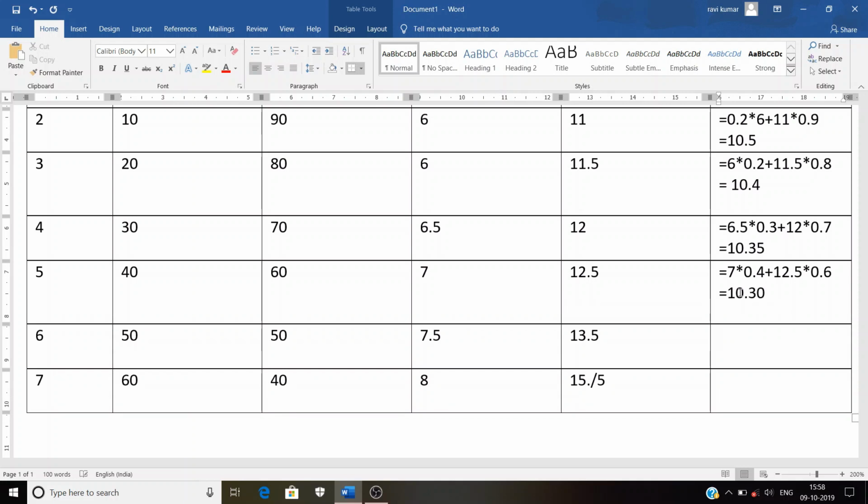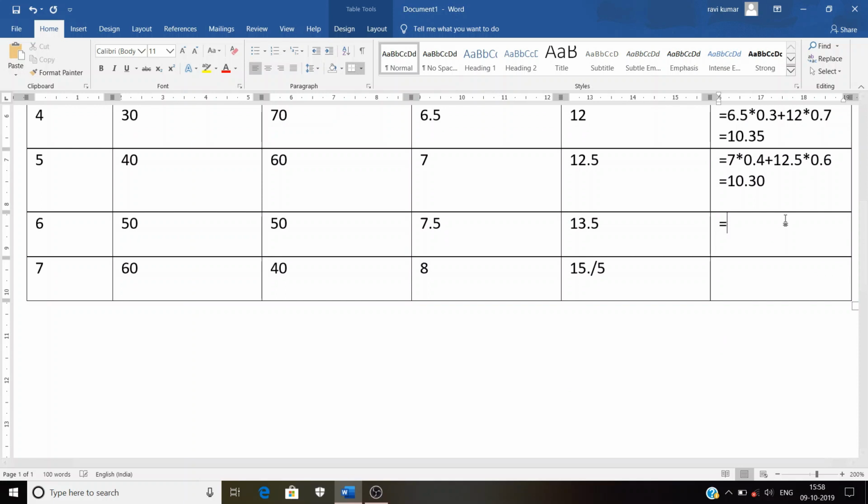In the sixth case, your cost of debt is 7.5 multiplied by weight of debt that is 0.5, plus 13.5 that is your cost of equity multiplied by 0.5, the weight of equity. When you solve this, you will get 10.50.